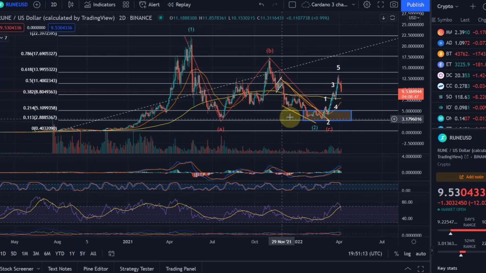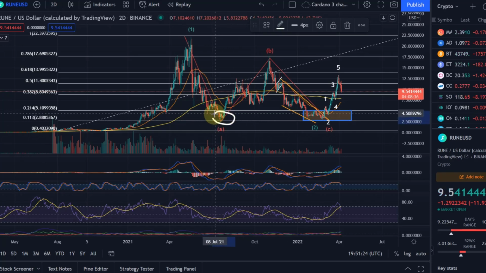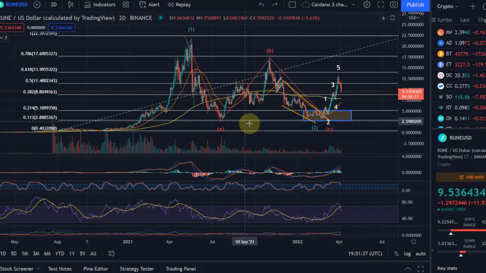Really, this was the only possibility, because had it not come down to the 88.7% fib level, it would, in my opinion, have been too far away from that wave A. Typically in such a correction, you want the wave C, which this was, to end at least at the same level as the wave A, ideally lower. So I'm not entirely convinced yet, but so far it has come into this target area, hit the 88.7% fib level, and then moved out of the target area very nicely.